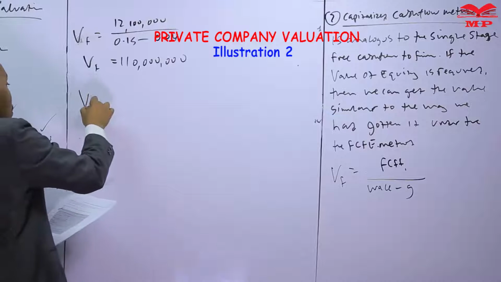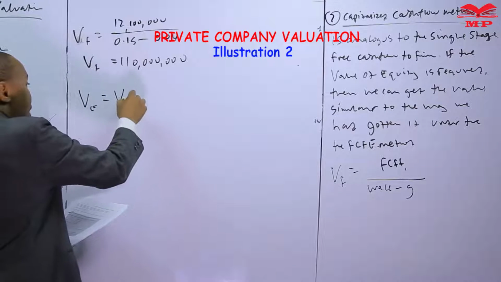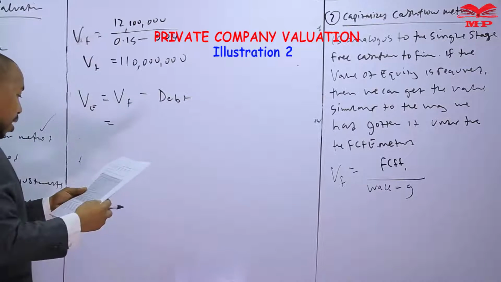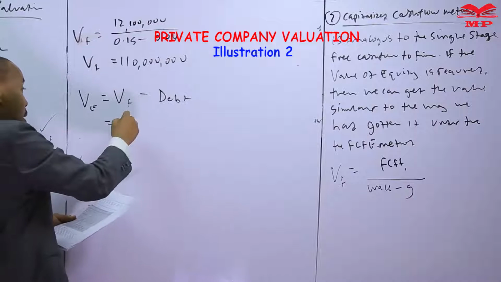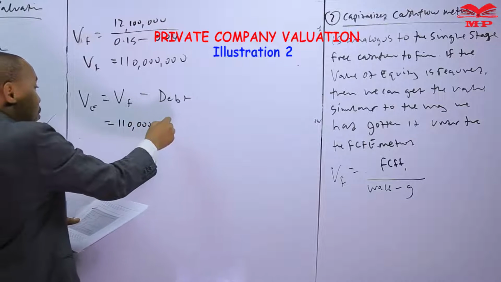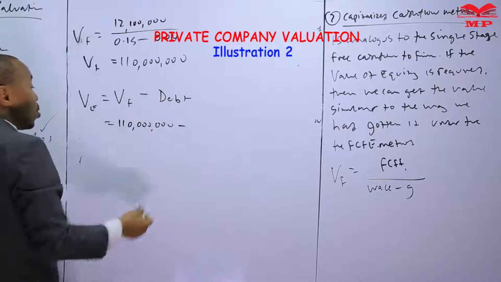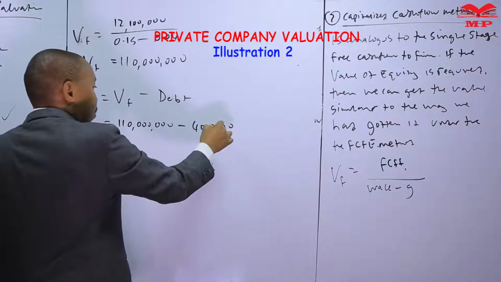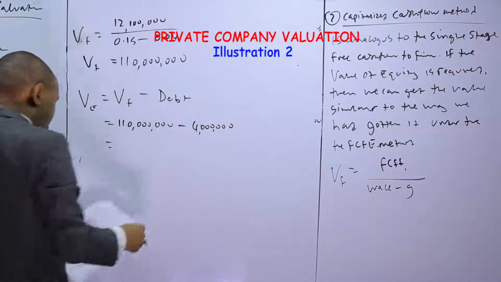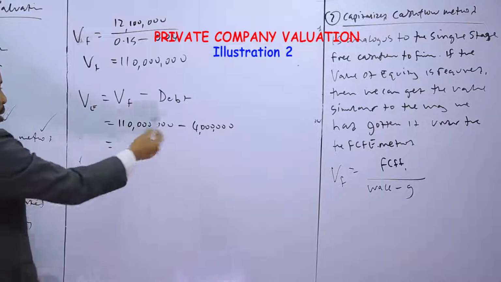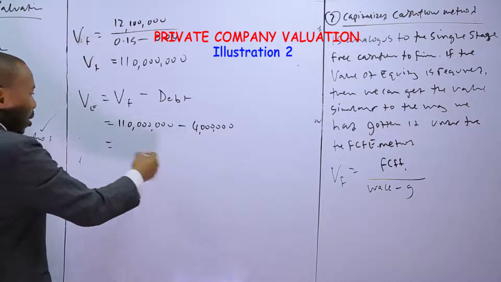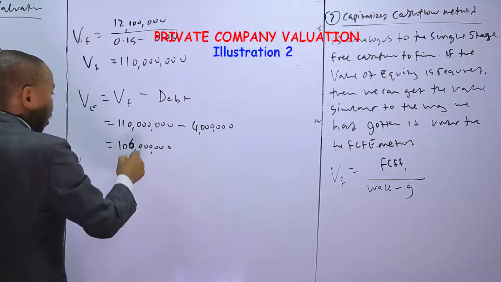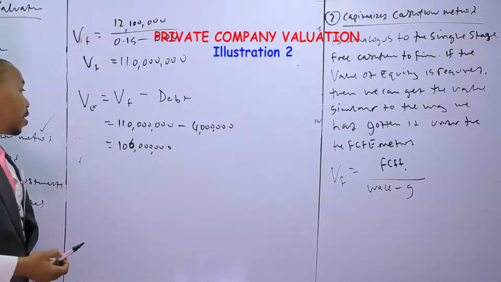So the value of equity is given as the value of the firm minus debt. The value of the firm, we've already calculated, is 110 million. Then we less the debt, which we've been given as 4 million. So that means we have 110 minus 4 million, which is 106 million. So that is the value of equity there.